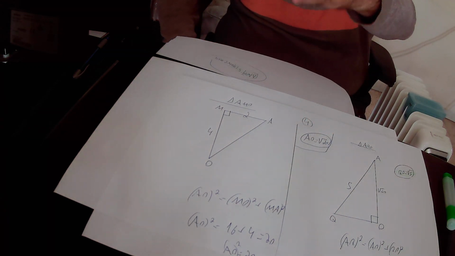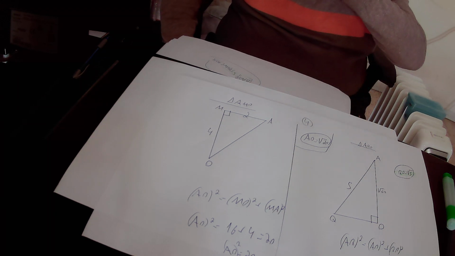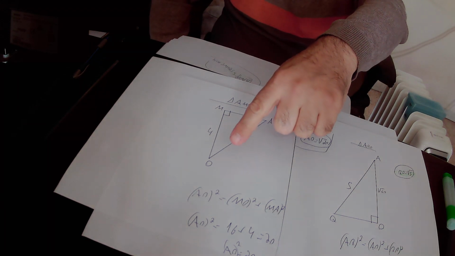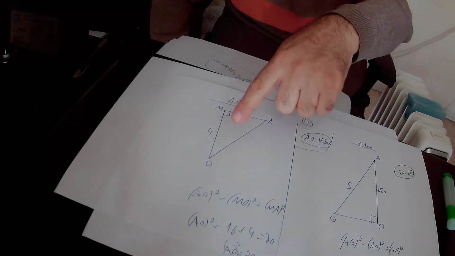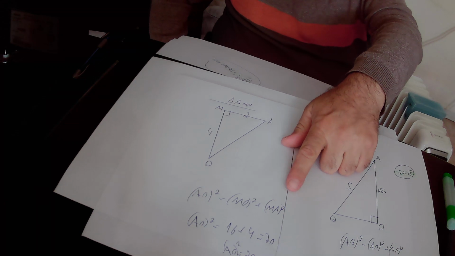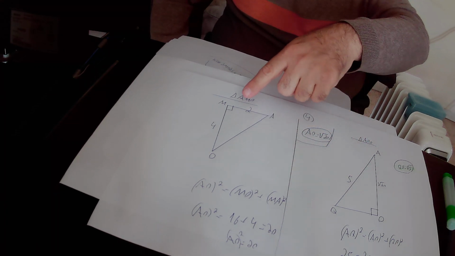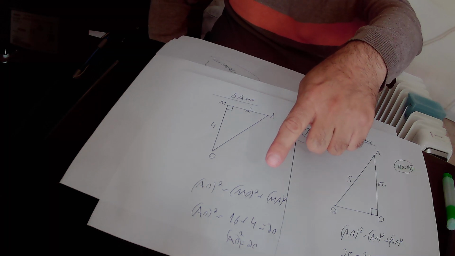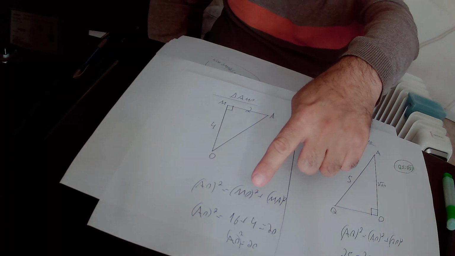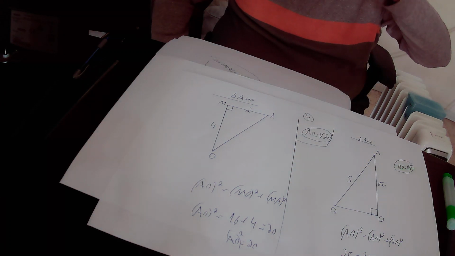So this is the right triangle AMO that I copied from the original drawing. We implemented the Pythagoras theorem on it. According to the Pythagoras theorem, the square of the hypotenuse AO square must be equal to MO square plus MA square. MO is 4, therefore MO square is 4 square, that is 16, plus AM square.